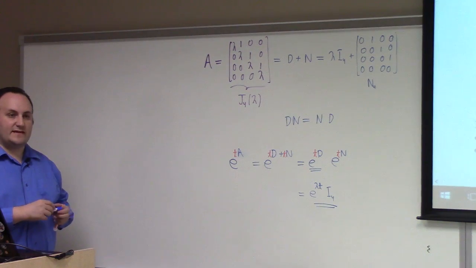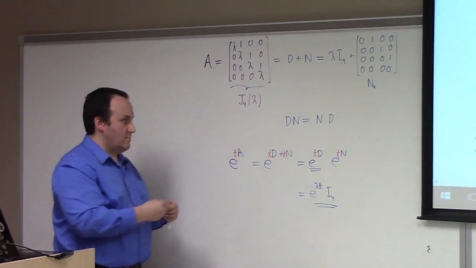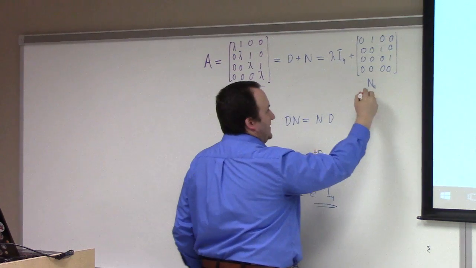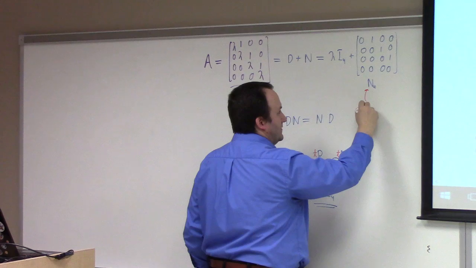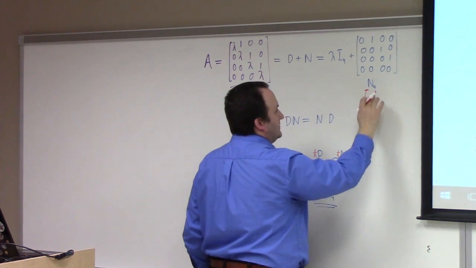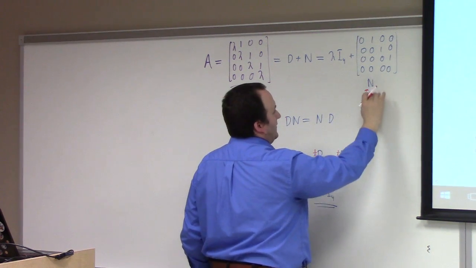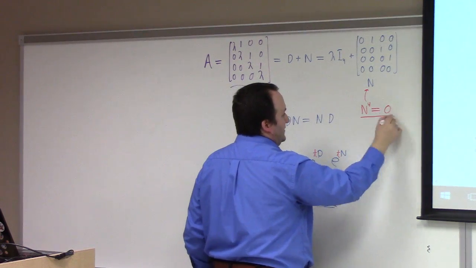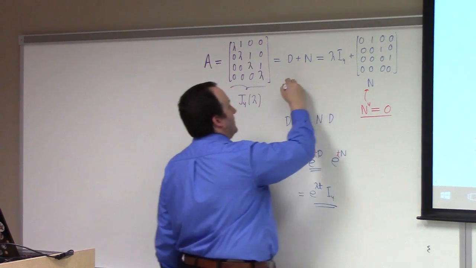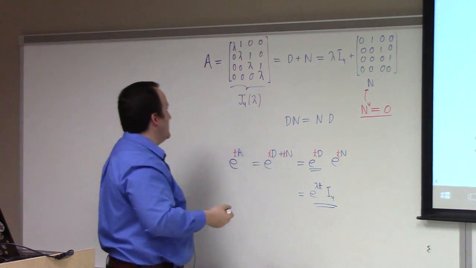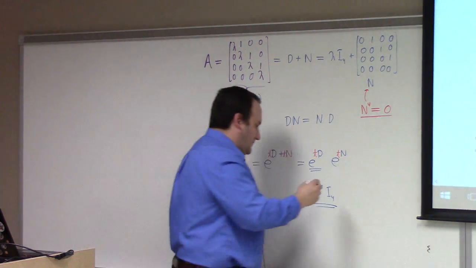And what's e to the tN? What can you say about this? It has degree 4. N to the 4th is equal to 0. What's N cubed? I'm out of space, so I'll just write them here.